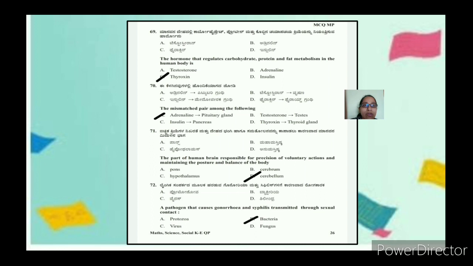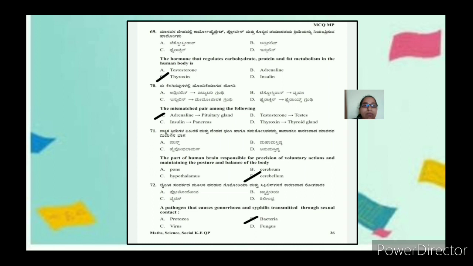So it is thyroxine hormone. The mismatched pair among the following: testosterone is to testes, adrenaline is to pituitary gland, insulin is to pancreas, thyroxine is to thyroid, and here the mismatched one is adrenaline to pituitary gland.